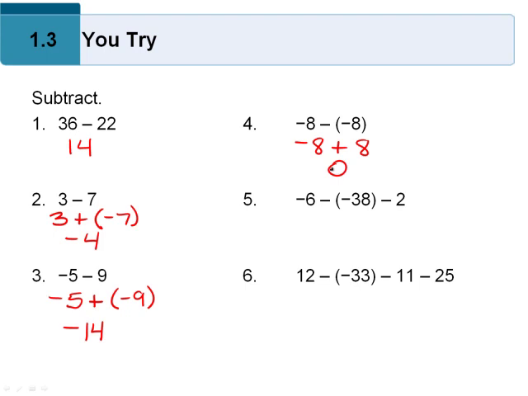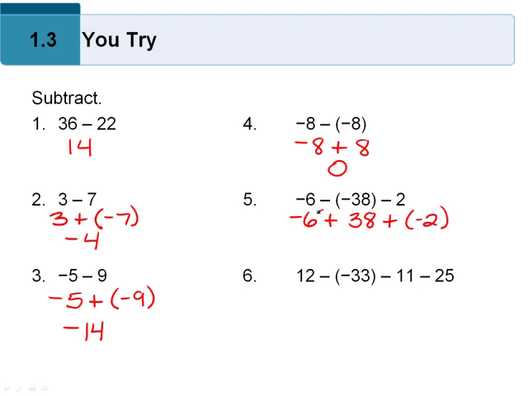Okay? All right, number 5. We have -6 minus -38 minus 2. So I have 2 subtraction signs here, right behind the -6 and right behind the 38. So I'm going to do keep, change to addition. Opposite would become +38. Now the 38 is the keep part. Change it to addition and take the opposite, which would become -2.